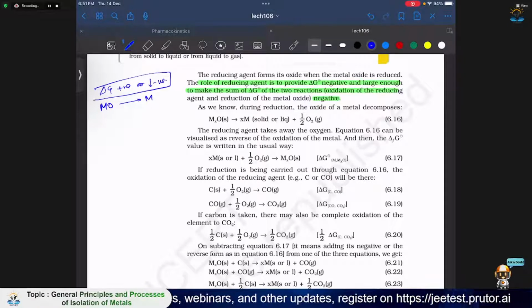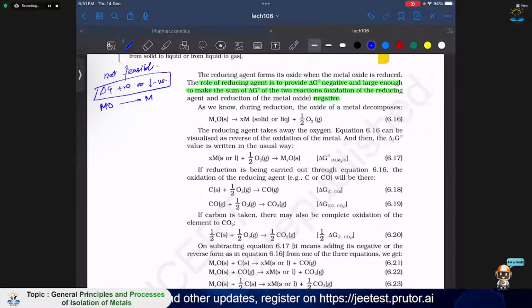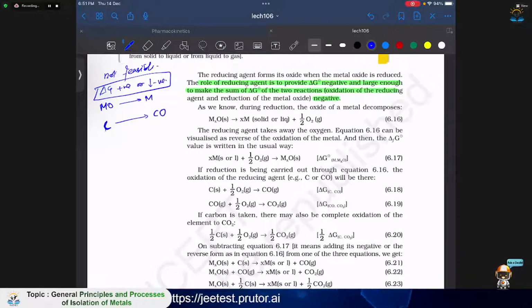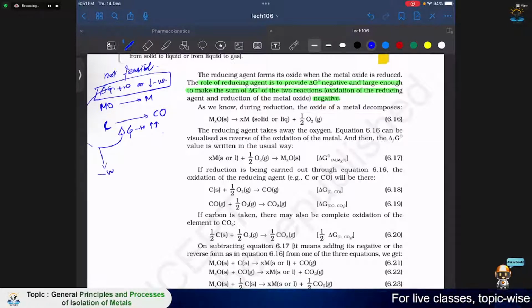So it is not that feasible. So you add one more reaction. So this C is basically some reducing agent. It converts into an oxide. Now this delta G should be a large negative value so that the total sum should be negative and large.